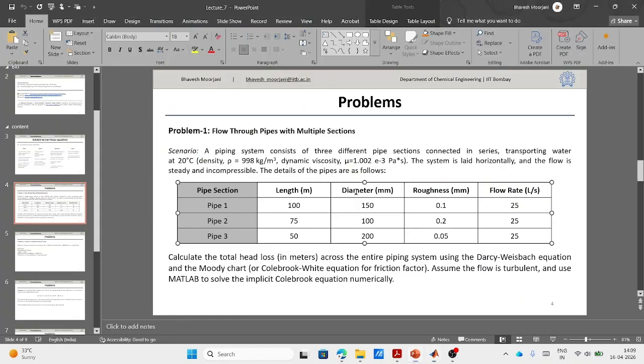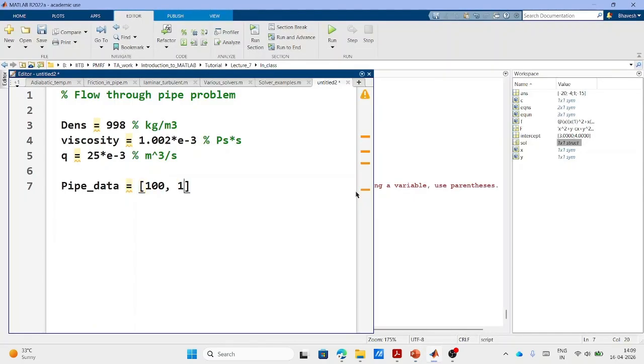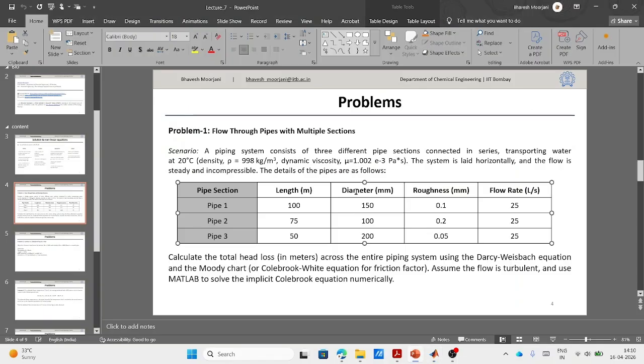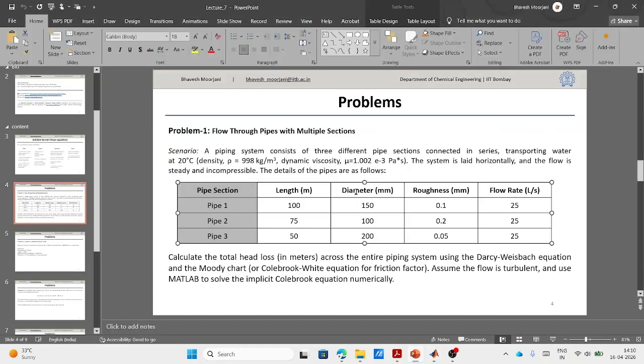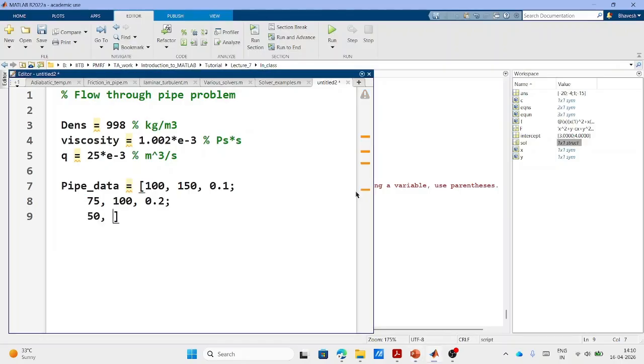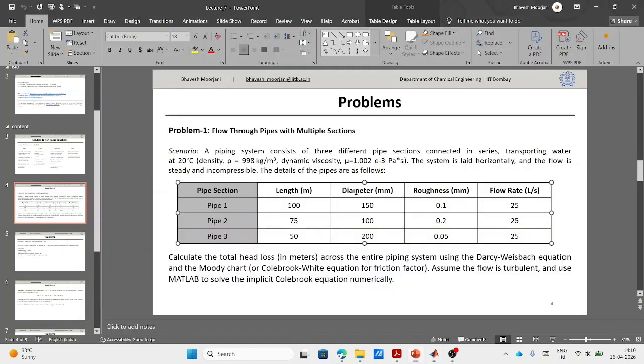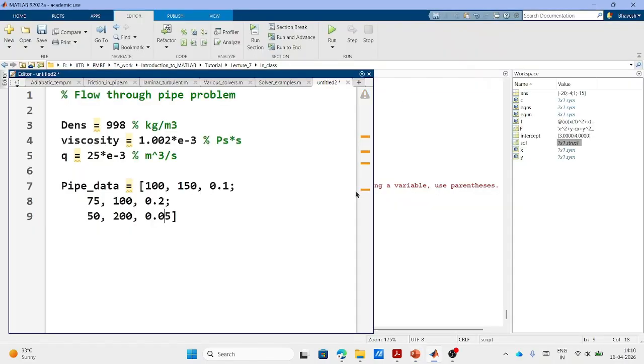So values are 100, 150 and 0.1. Second row 75, 100, 0.2. And the third row is 50, 200, 0.05.